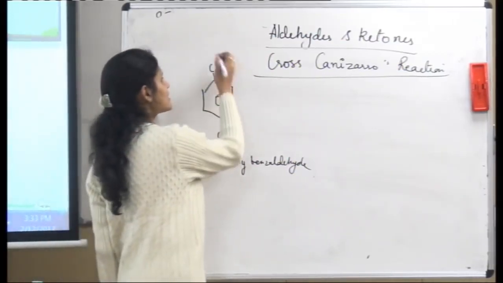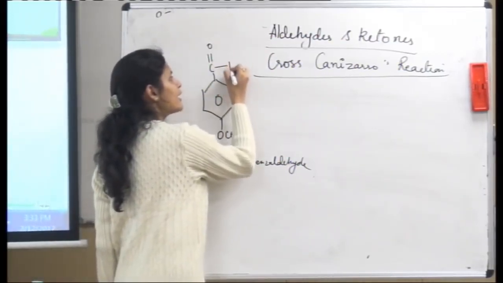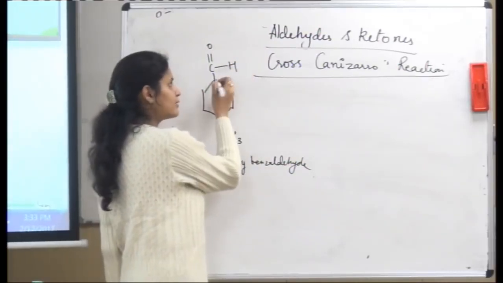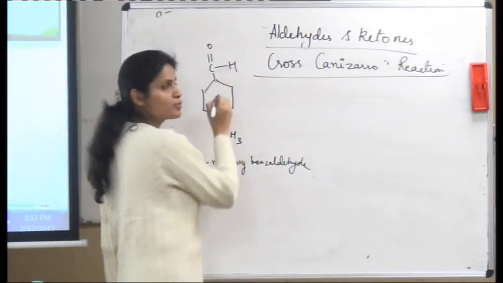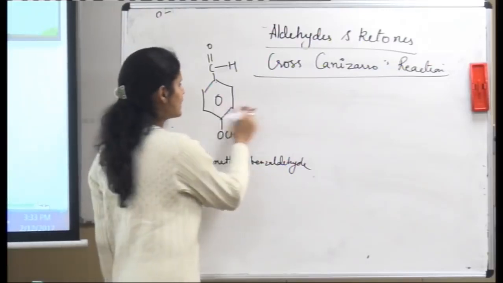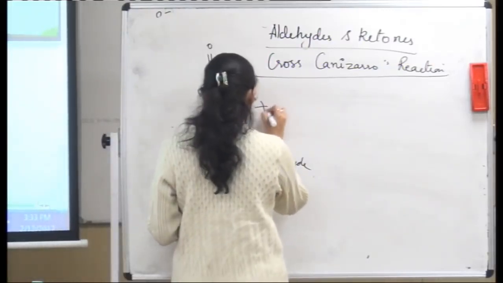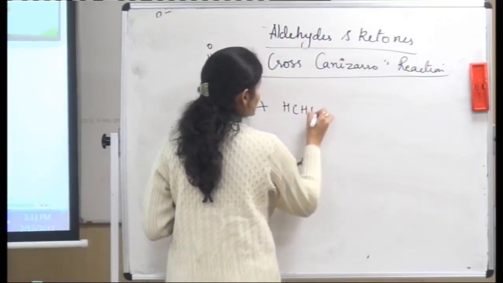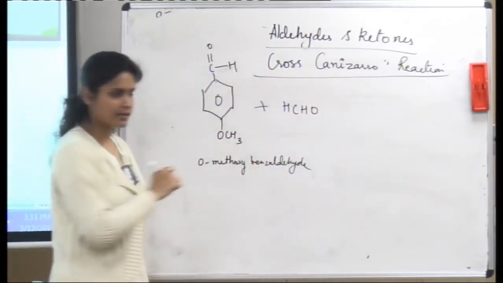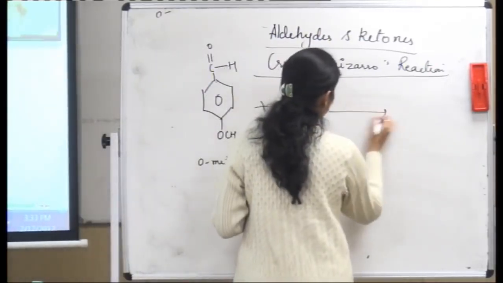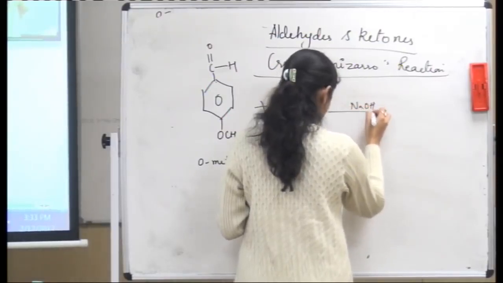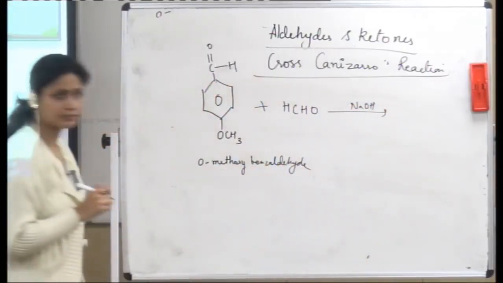I can write this as COH. This is the alpha carbon. It does not possess any hydrogen. That means obviously it will undergo cross Cannizzaro reaction. The other reactant is HCHO, that means formaldehyde, right? For which I am using NaOH. What should be the product?